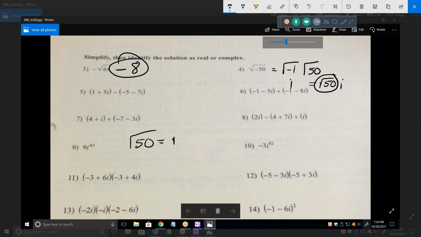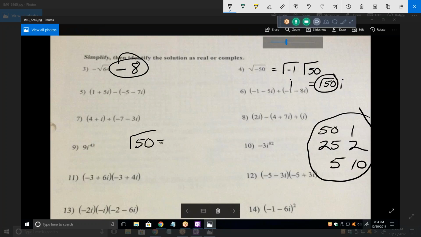So while that is actually a correct answer, that's not what we're looking for. The only time it's considered simplified is if you can pull a whole number out of it. So let's look at the factors of 50. Which of those numbers are perfect square numbers? 25?